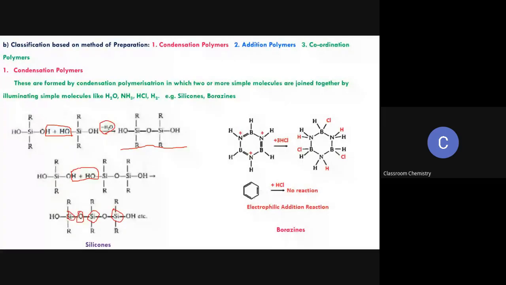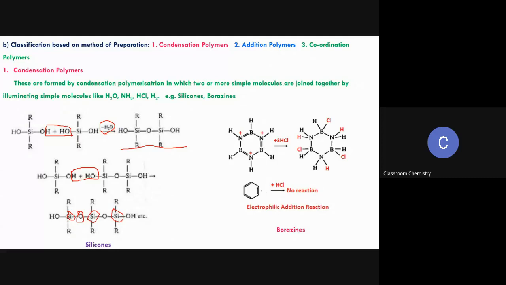In the case of fluorocarbons, the carbon-fluorine bond is directly attached, and with phosphorus the phosphorus bond is directly attached. But in silicones, the silicon atoms are not directly attached to each other; they are attached with the help of oxygen.